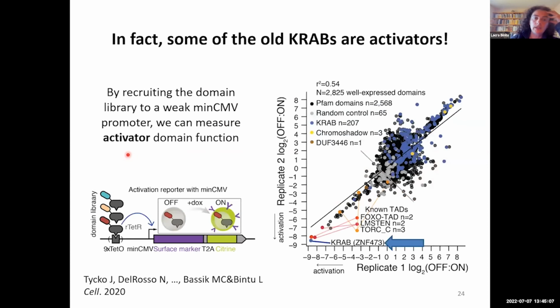In fact, when we looked at activation instead of repression, we found that one of the really old KRAB domains was one of the strongest activators in our space. So activators are in the other corner because they have low off to on. And we used this new KRAB that was not known before to be an activator, but we found to be a very good activator, to incorporate it into a new CRISPR activation tool.